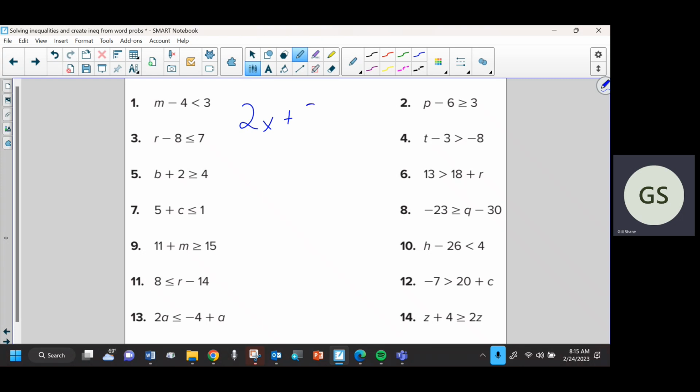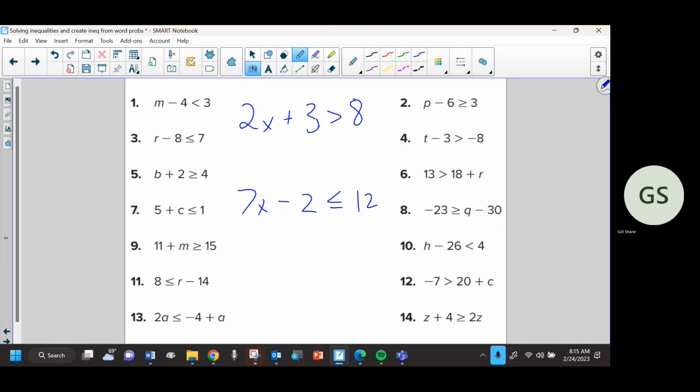I'm not worried about decimals. You can leave it in fraction form if you do.